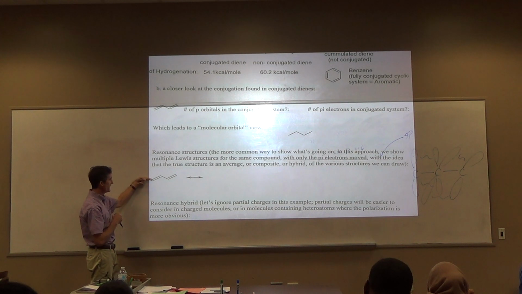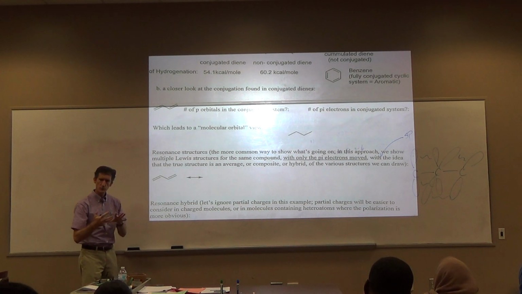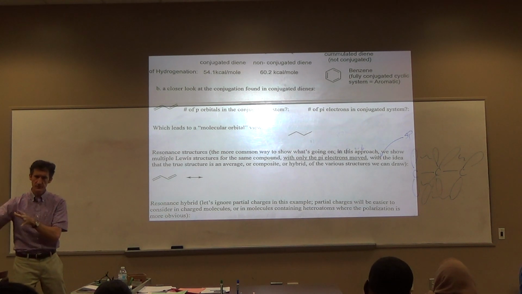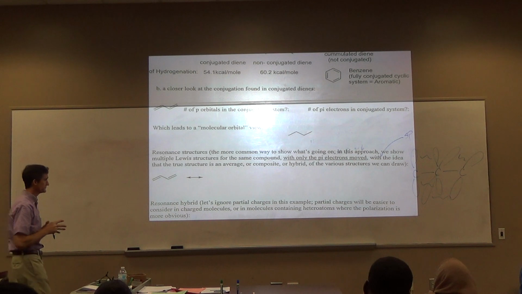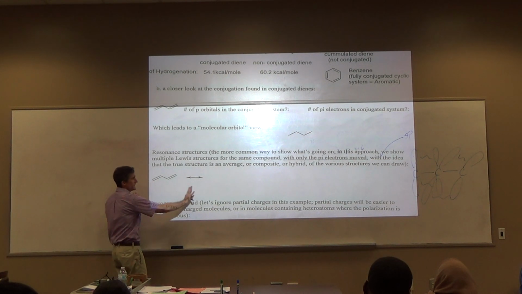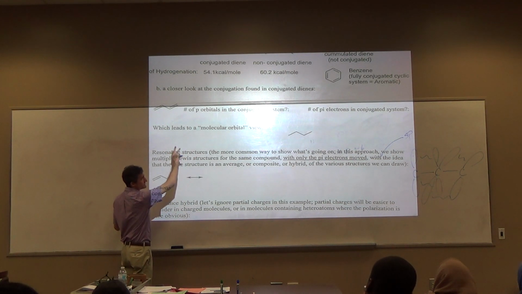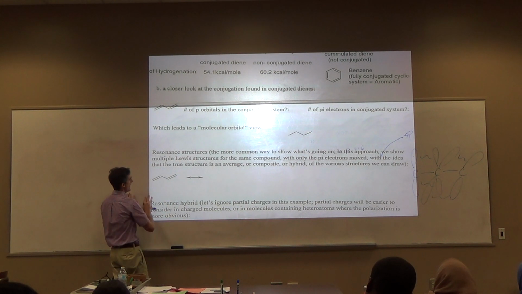This is actually a tough molecule to do resonance with because there's no polarity. When we have polarity, that'll sort of give us a guide of how we need to move electrons. But I'll do it anyway because it's what we've been talking about here.